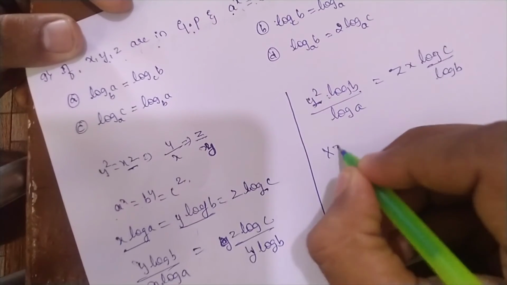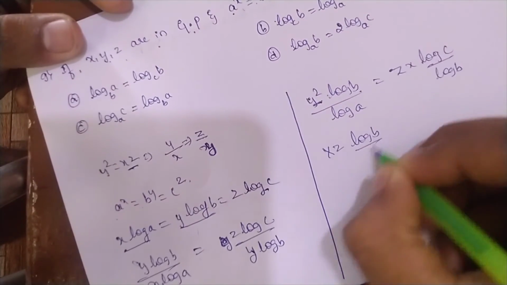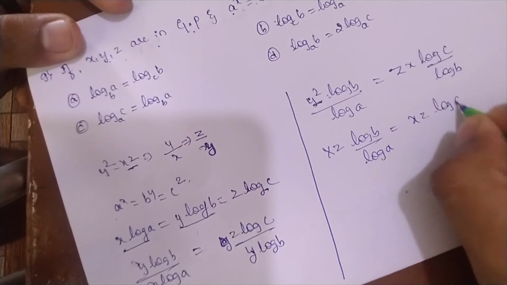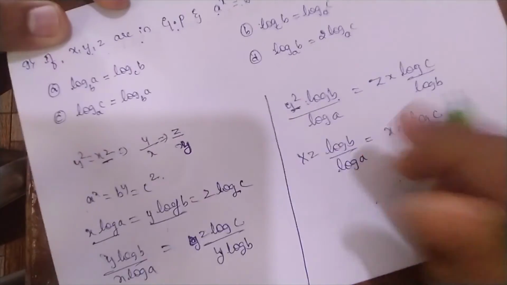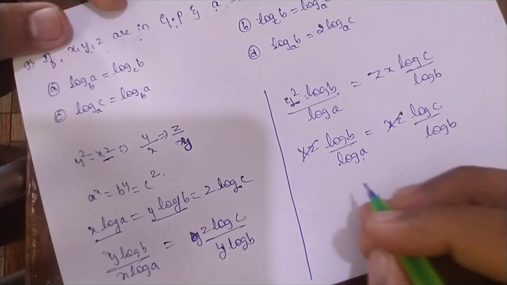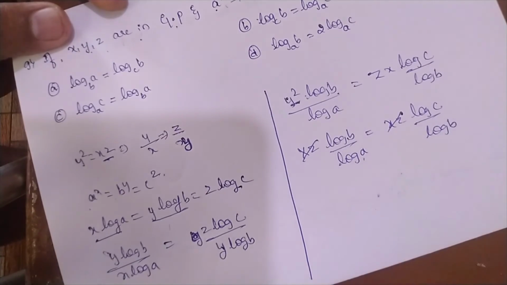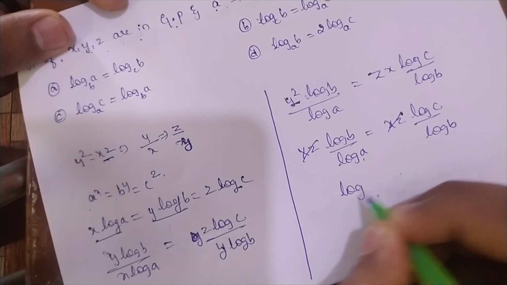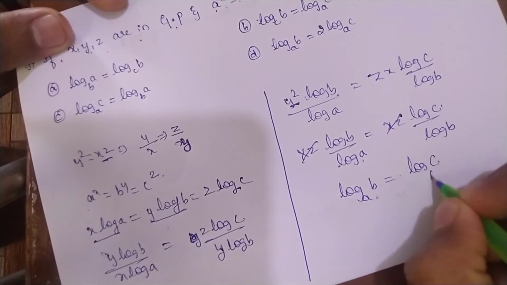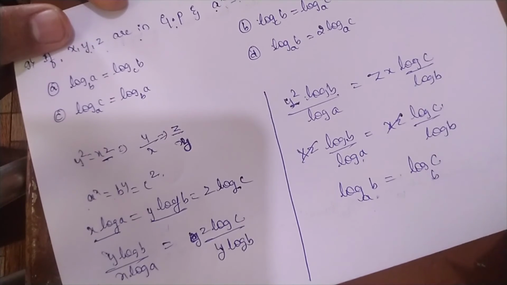So put that. So xz log b by log a equals xz log c by log b. So this will cancel. So log b by log a can be written as log b to the base a equals log c to the base b.